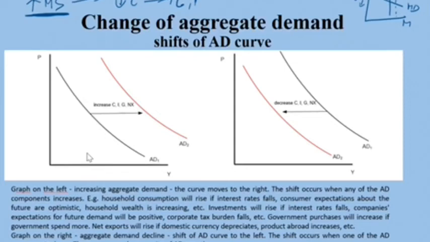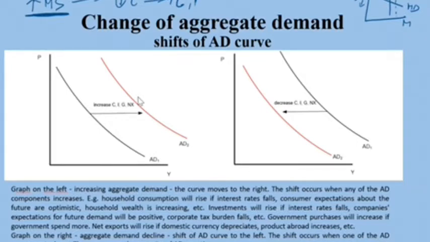To spend more or starts to spend more, and net exports, when will we have higher net exports, for example? When the prices of goods decrease? Yeah, when we can have higher net exports.